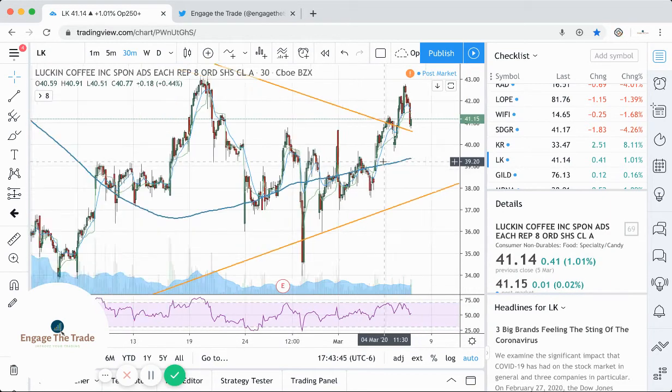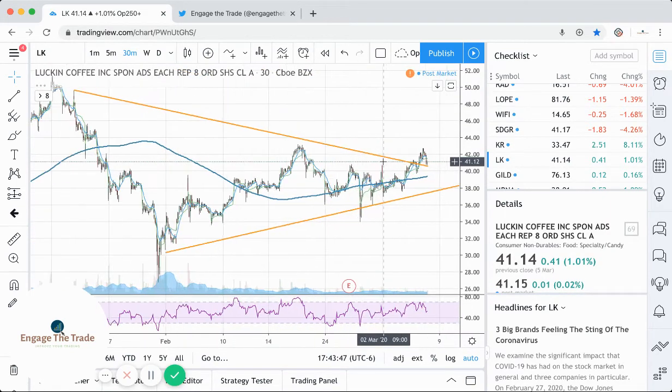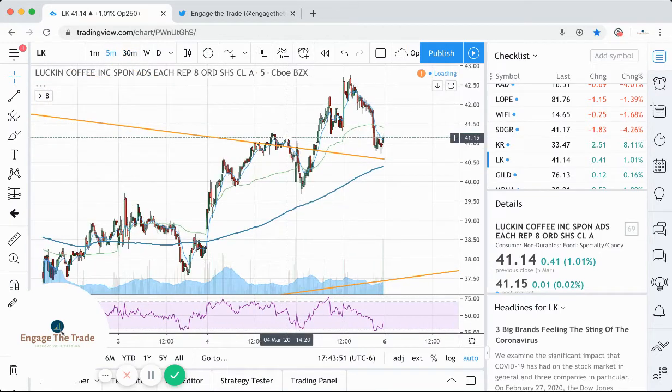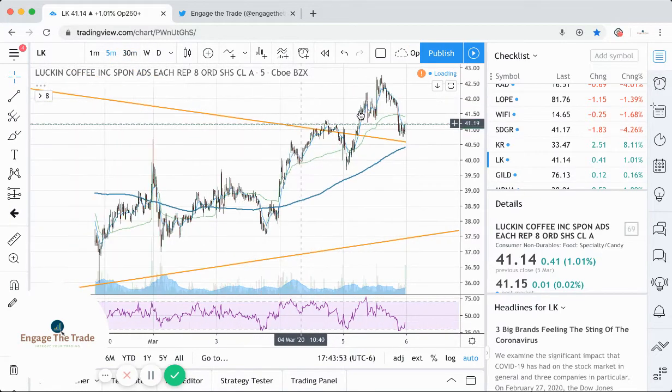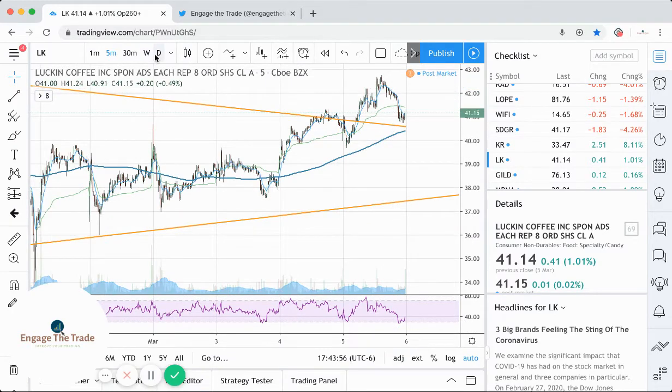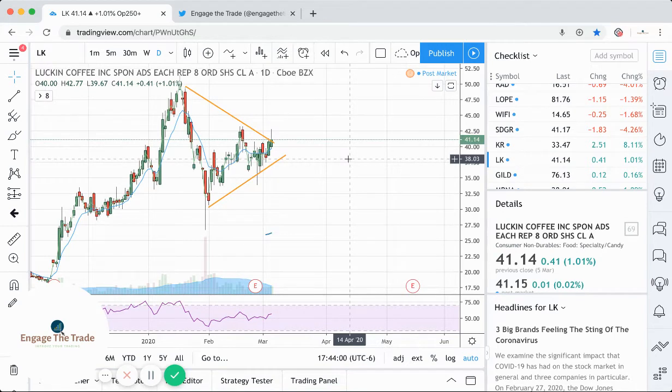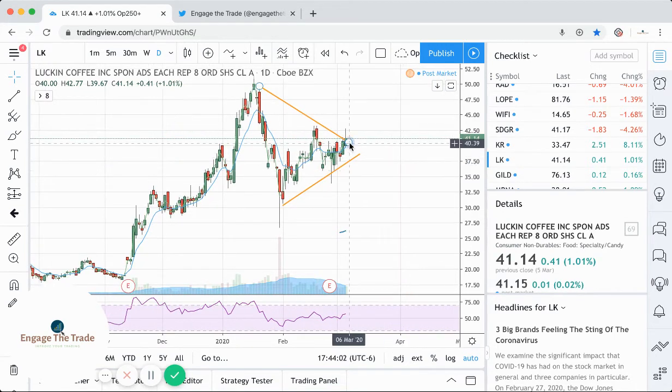And then LK, another coil. This one I'm really hoping spend some time consolidating, even though it broke out. It kind of failed for now. I love this chart for an options play next week if it stays. Sorry for the squeak.